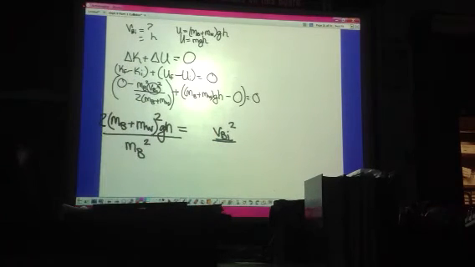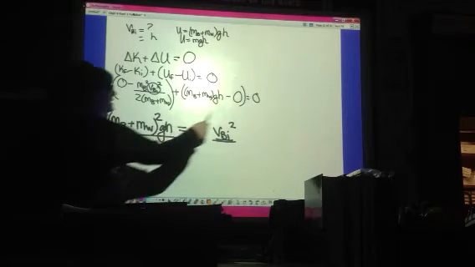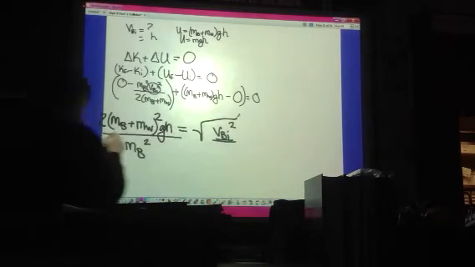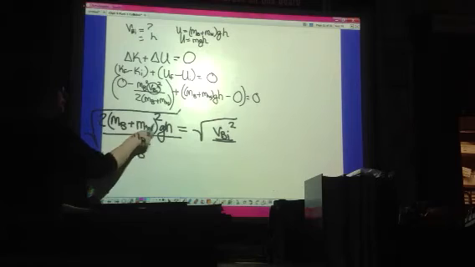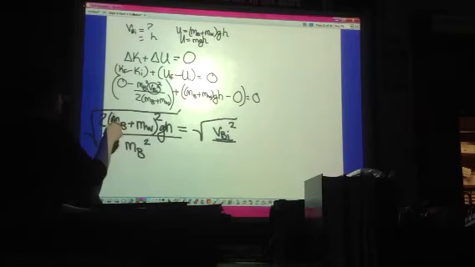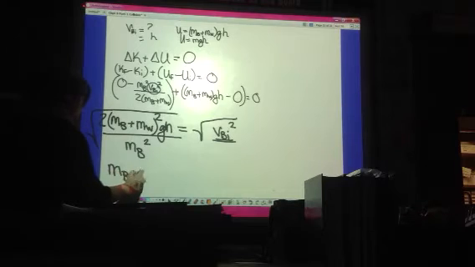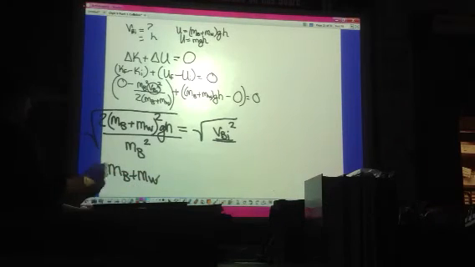the initial velocity of the bullet squared, but I know I need to square root this. So if I square root overall, the mass of the bullet plus the mass of the wood together is already squared. So if I'm square rooting a square, I'm going to kick that out, so it's just going to be the mass of the bullet plus the mass of the wood.